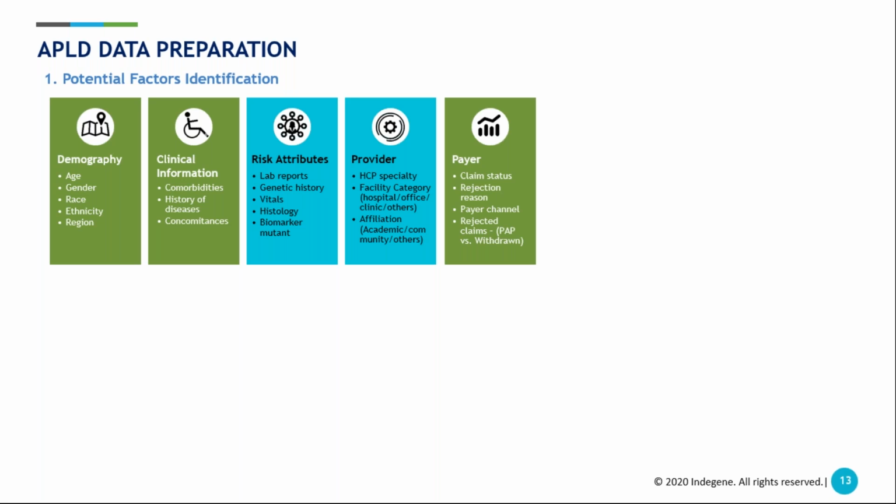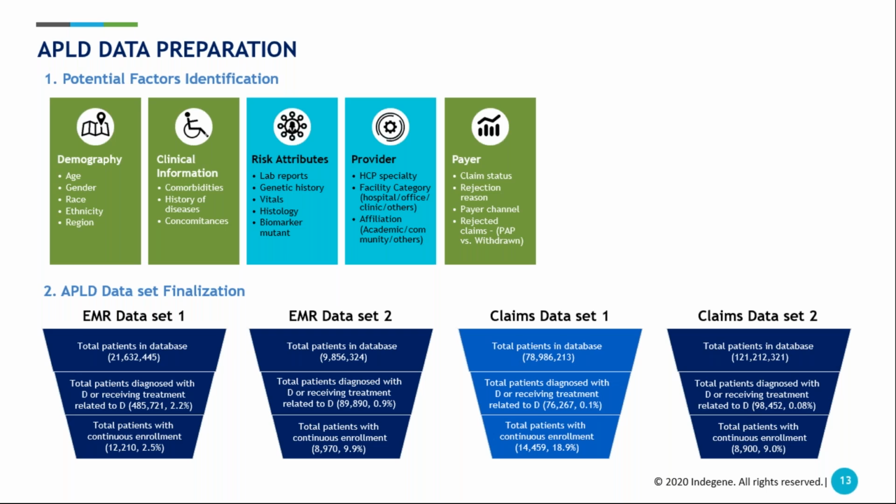Once we had jotted down all the points that we can get from the APLD dataset, next we started evaluating different APLD datasets. We performed a quick EDA to understand the data coverage. We started by studying the total patients available in the database versus the patients who are crucial for me, who are either diagnosed or receiving treatment related to my interest and have continuous enrollment.